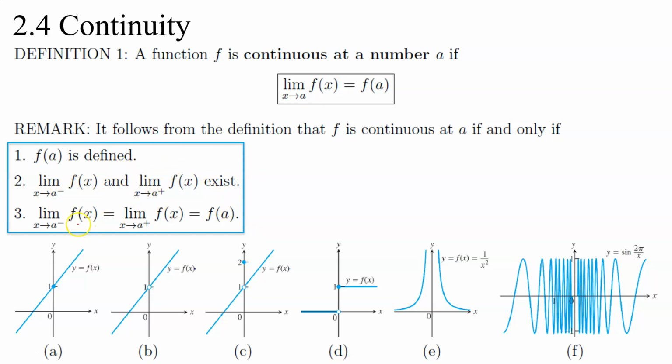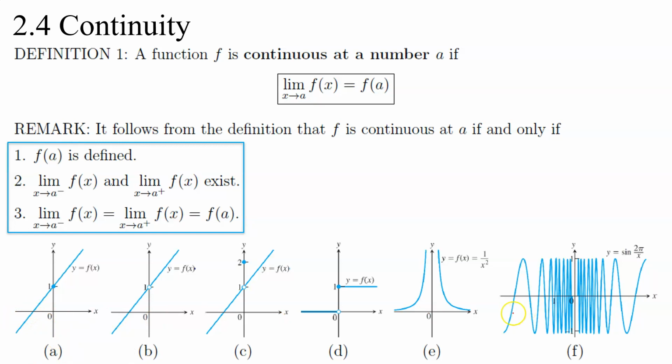And the third one is the limit from the left and limit from the right equal f(a). So in order for the function to be continuous, it has to follow these three rules.